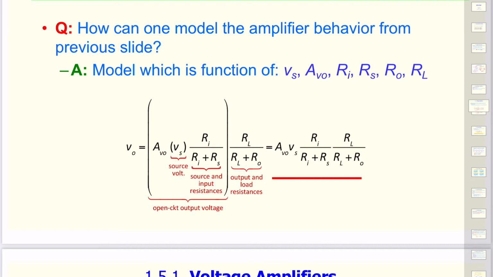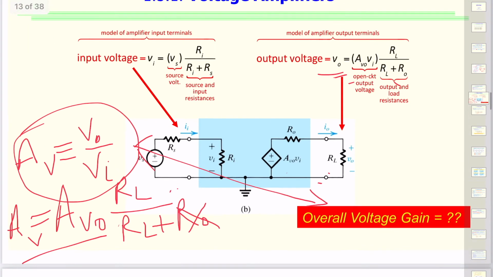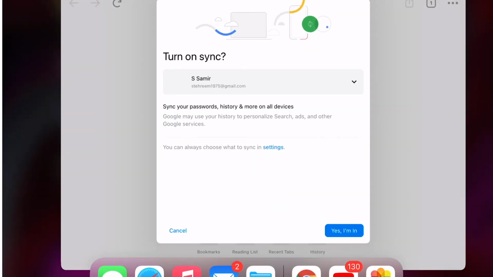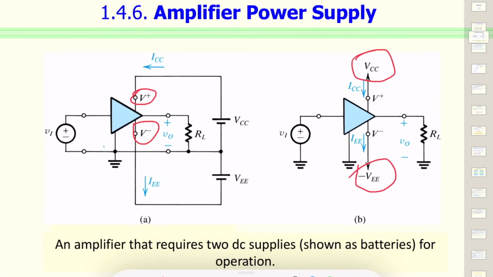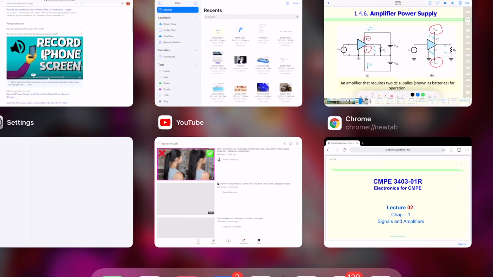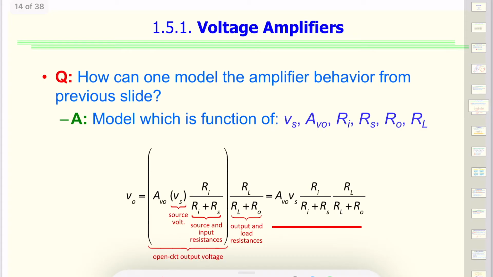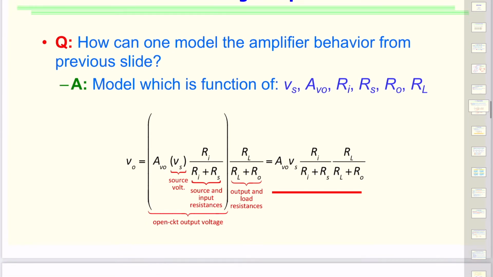But now we are looking at the overall gain which comes from the source itself, now going from a system where we have open circuit voltage gain, which is this guy, when we say the RL is infinite.